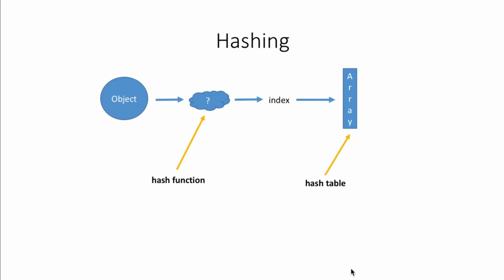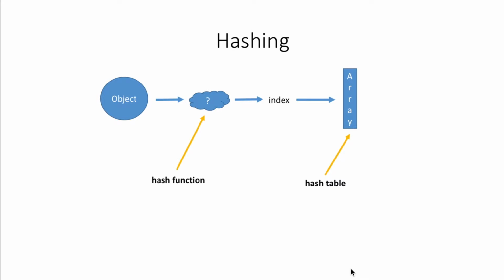So the purpose of a hash function is, given an object, the hash function will give us ultimately an index where that object is located in the array, if it exists. And then we can use it for saving the object or for looking it up or for retrieving it. So we save it at that index that the hash function ultimately provides us, or we can check that index if an object exists.